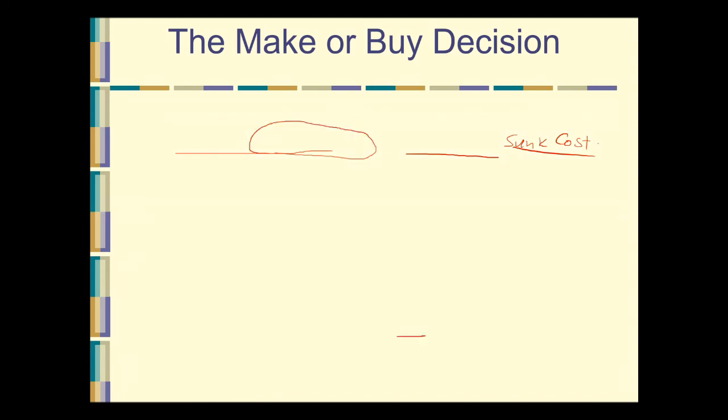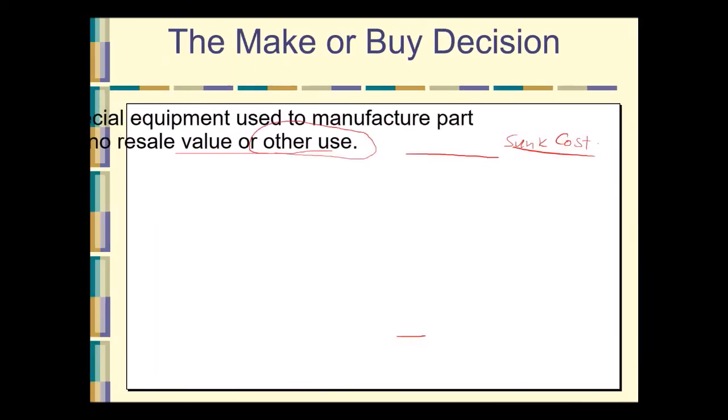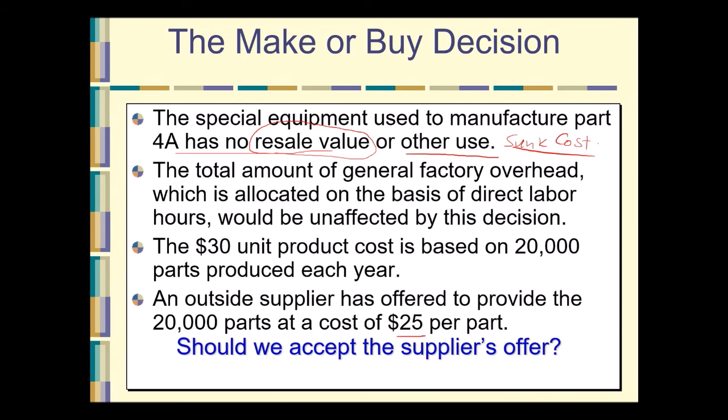So you are incurring a cost of $30 to produce one unit of a product, and the outside supplier has offered to provide it at $25. So by just looking at it, you may be tempted to choose the option to buy it from an outside supplier, but we have to think about the fixed cost.